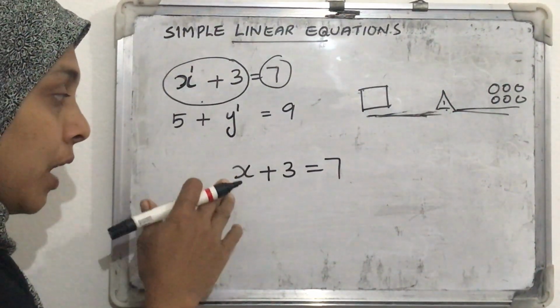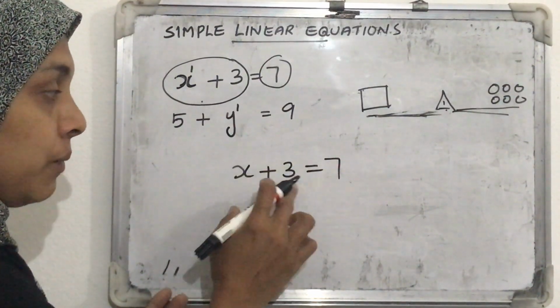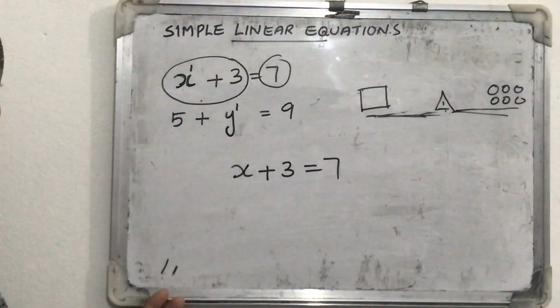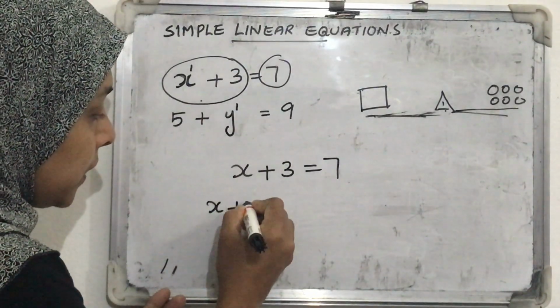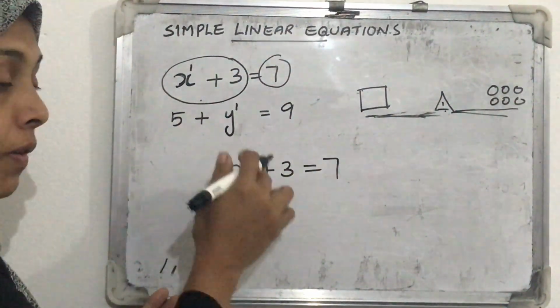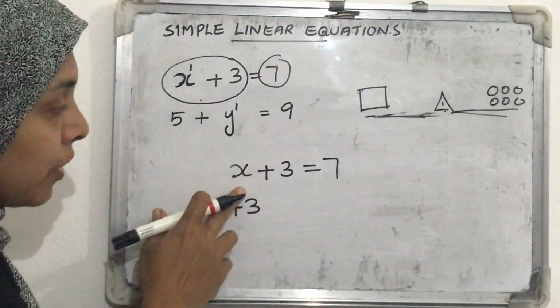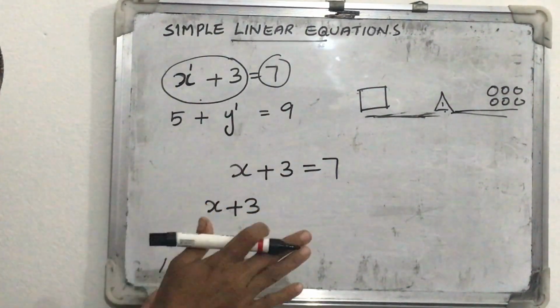So when we remove this 3, the same number we want to remove from the other side also, the right hand side. We want to find the value of the unknown x, so we remove 3 from here and write x equal to.